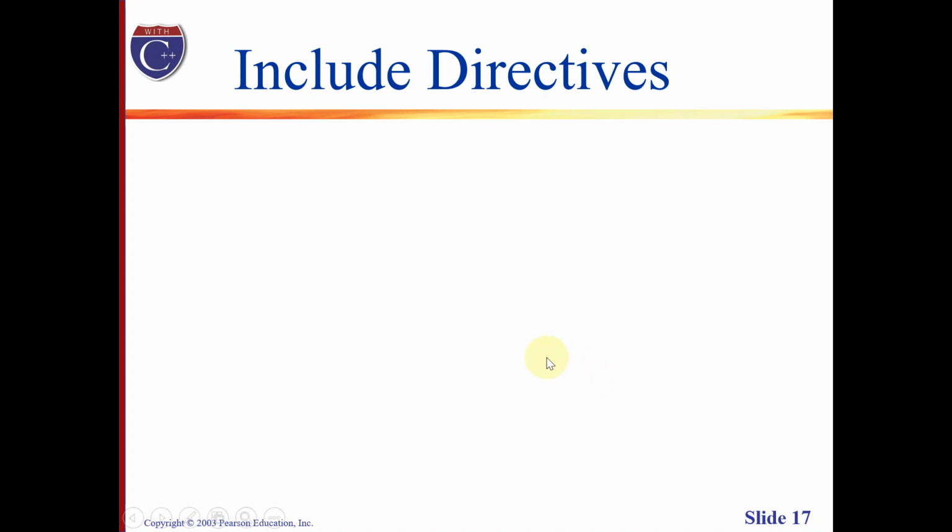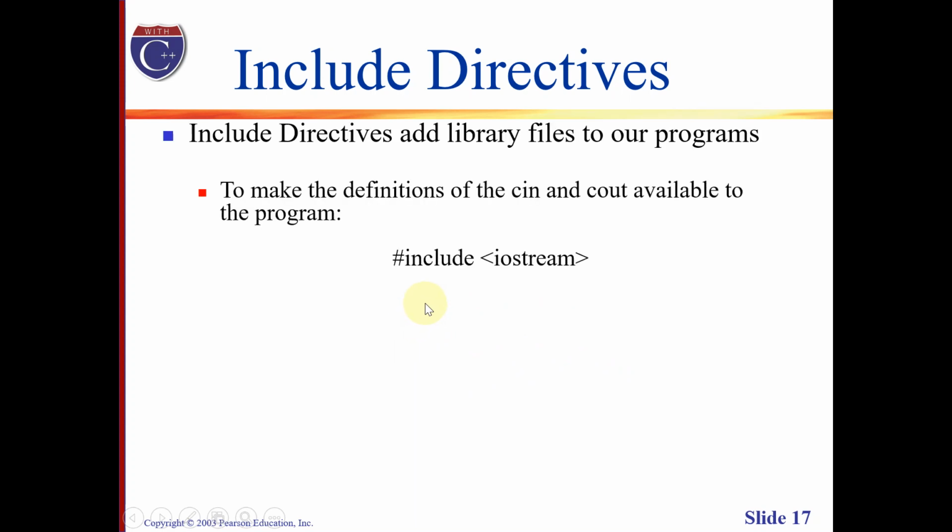Next, let's talk about the include directives. If we will recall, include directives add library files to our programs. For instance, to make the definition of the cin and cout available to our program, we include the following include directive.